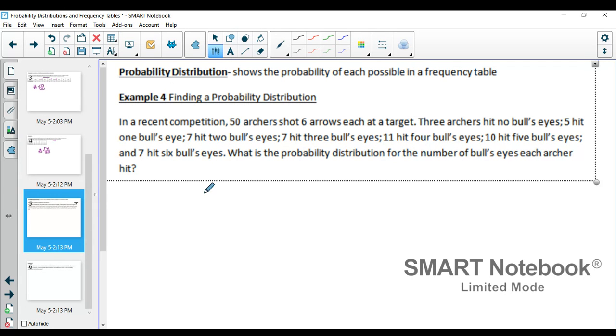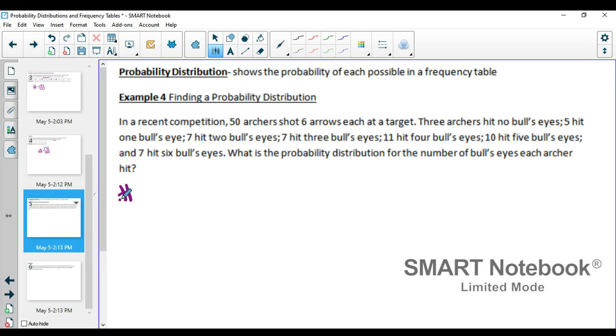In this problem, 50 archers shot 6 arrows each at a target. 3 archers hit no bullseyes. 5 hit 1 bullseye. 7 hit 2 bullseyes. 7 hit 3 bullseyes. 11 hit 4 bullseyes. 10 hit 5 bullseyes. And 7 hit 6 bullseyes. That's a tongue twister. And then we want to find the probability distribution for the number of bullseyes each archer hit. All right, so we're going to make a frequency table.